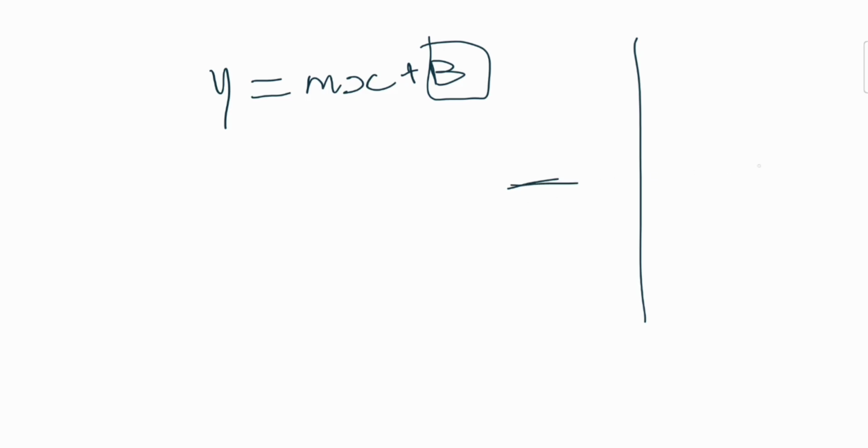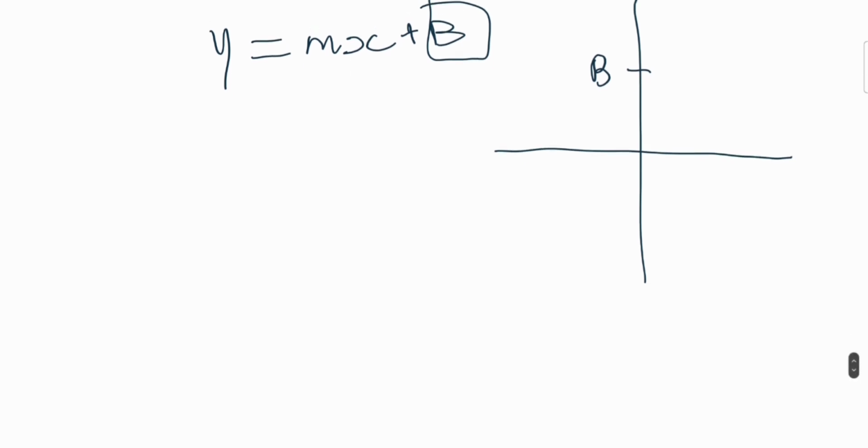So the slope-intercept form is y equals mx plus b, and whenever you have a b, you want to start from there on a graph. So you always start from the point b on the y-axis. And then m is the slope. So if you get given a slope that's not a fraction, like 27, this is going to be 27 over 1.